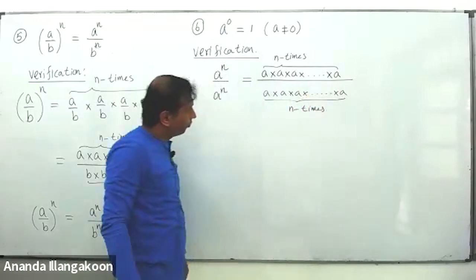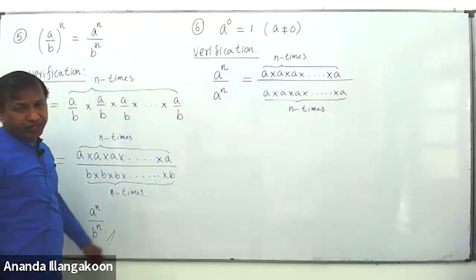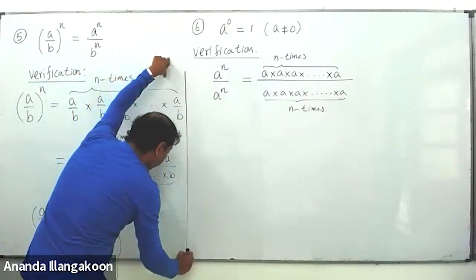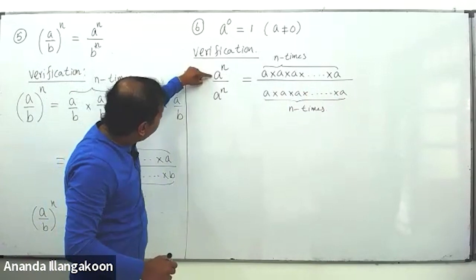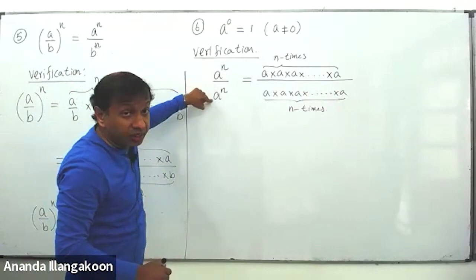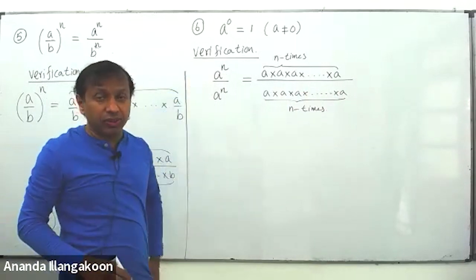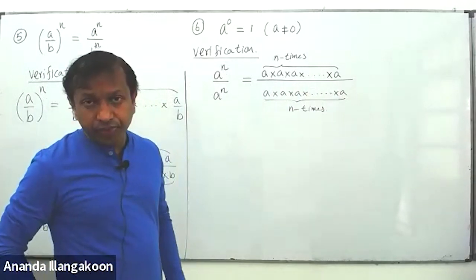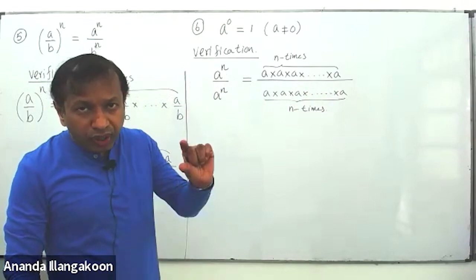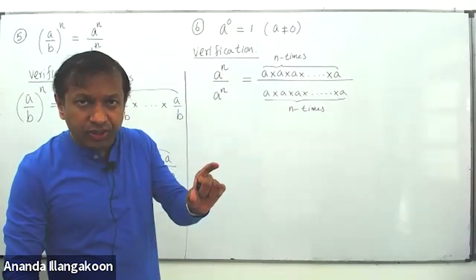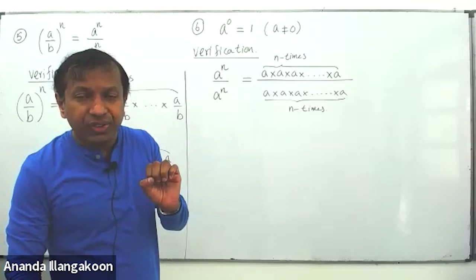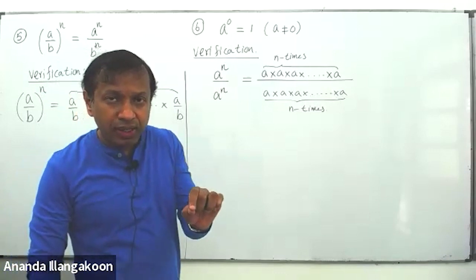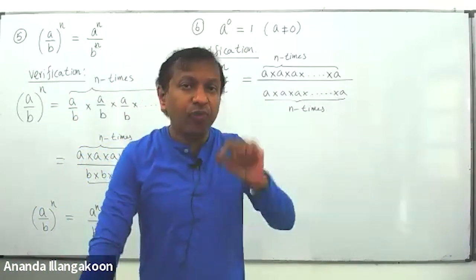Now you know in the left hand side, the base a at the numerator, base a at the denominator, bases are equal. Then by using the second index law, when two numbers having the same base are divided, we know how to simplify. We simplify by subtracting the denominator power from the numerator power.